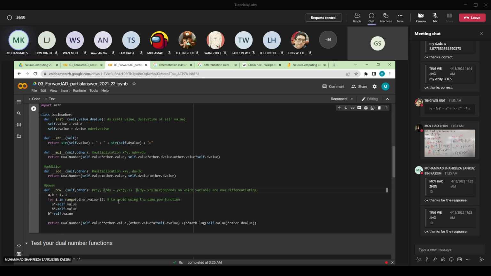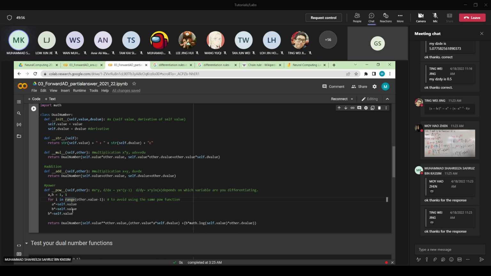In power functions, you are using the power function itself. You don't want that, because you are trying to override these methods. So I'm setting a and b equal to 1 and 1, and then I have a loop here.